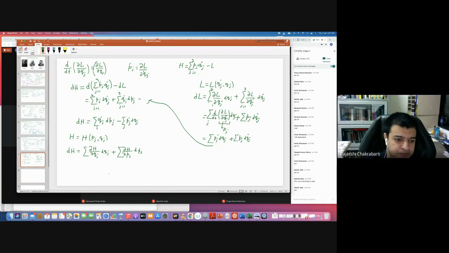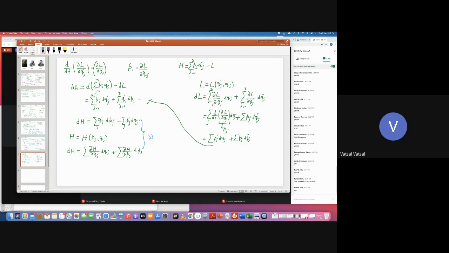So now can I compare these two equations? If I compare these two equations, what I get is ∂H/∂pj is equal to q̇j, and ∂H/∂qj is equal to minus ṗj.